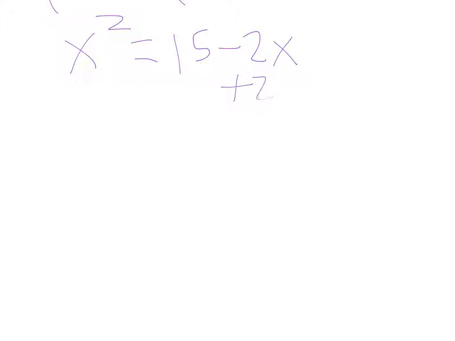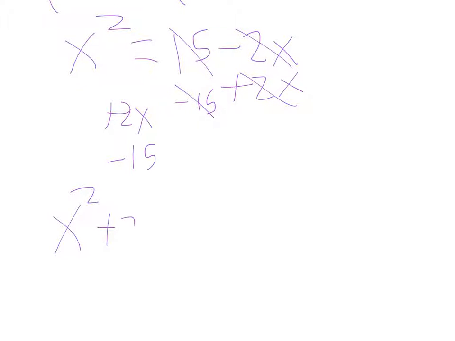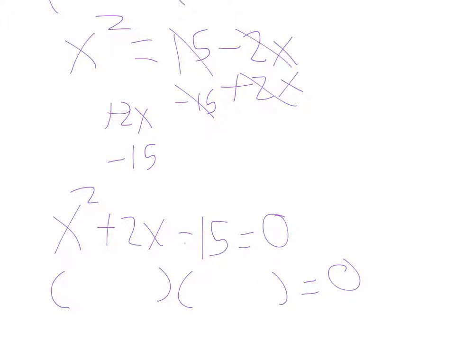So if we add 2x to both sides, and then also subtract 15 from both sides, you have x squared plus 2x minus 15 is equal to 0. So if we factor this now, that'd be x plus 5 times x minus 3 is equal to 0.